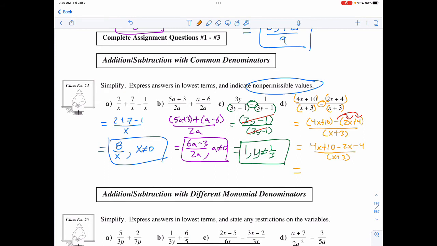This is going to give me 2x plus 6 over x plus 3. And when I take a look at the numerator, I can factor that down. It has a common factor of 2. I need to show it factored down to see if there is a common factor, and lo and behold, there is.